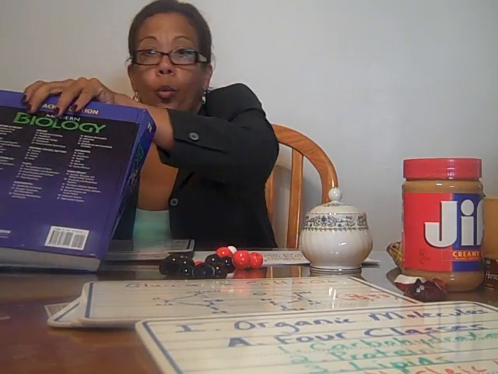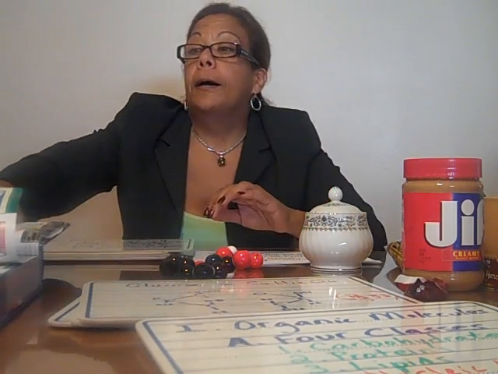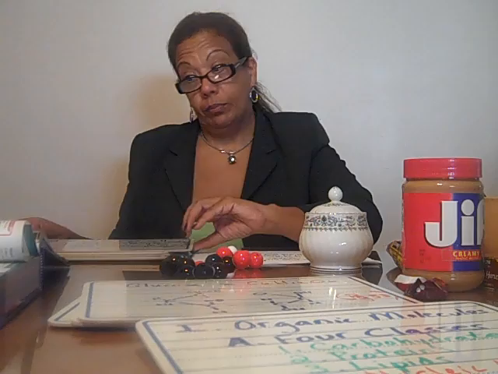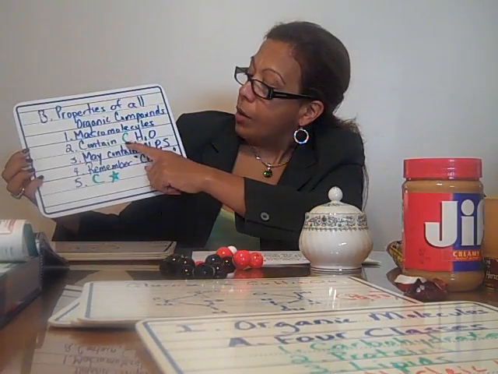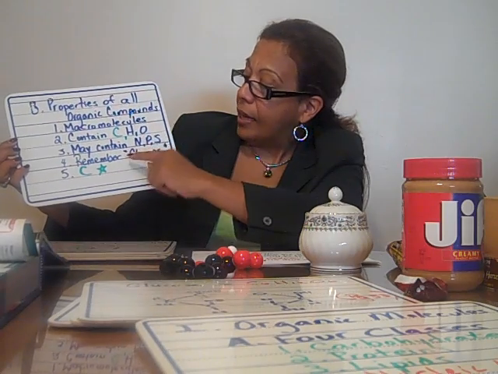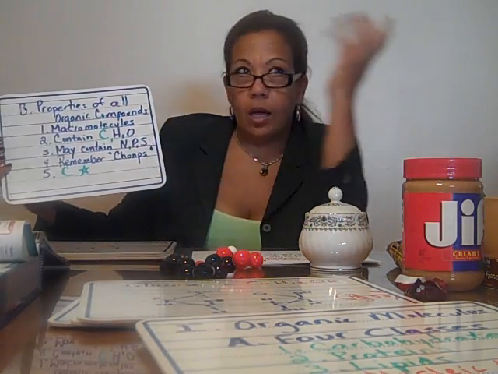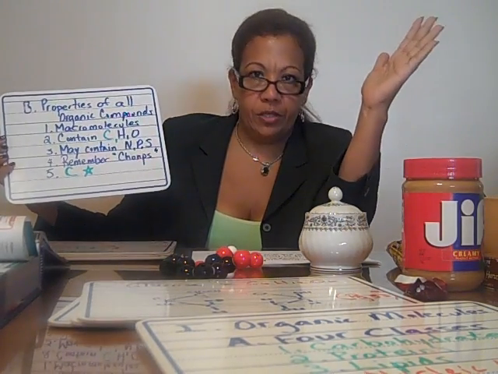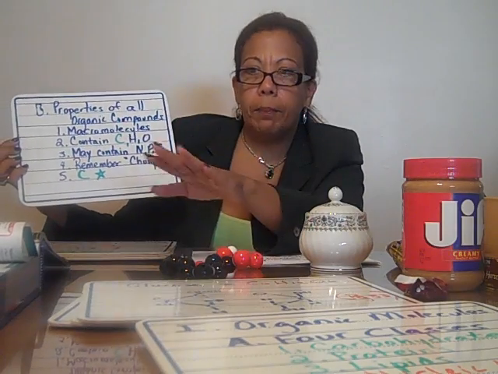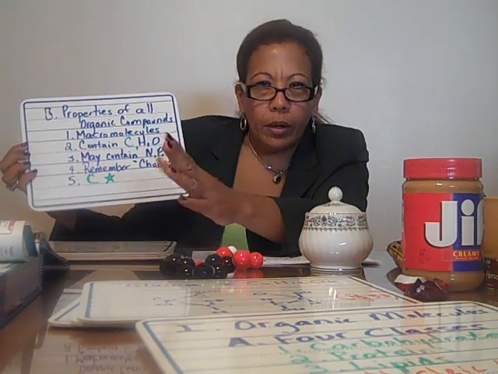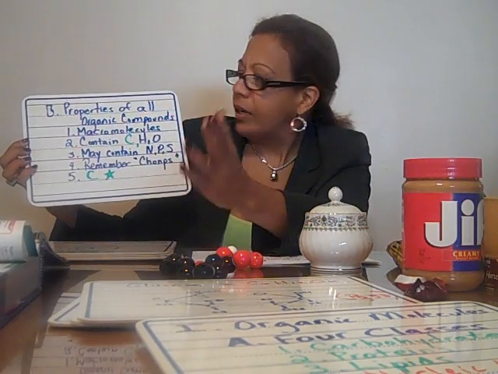Now, luckily, we do not need to know all those elements in the periodic table, because our bodies are really made up of carbon, hydrogen, oxygen, nitrogen, phosphorus, and sulfur. About 93–94% of living things are composed of these elements, and possibly 10 more that we'll be using and talking about throughout the year from the periodic table.